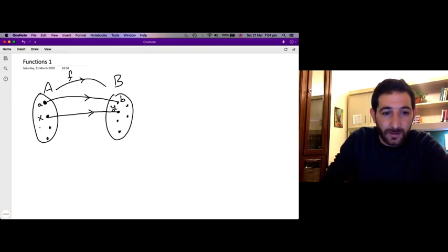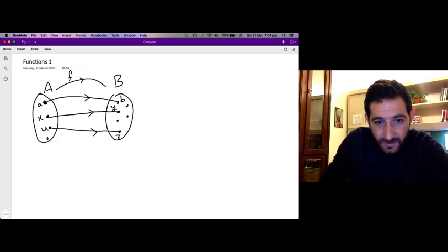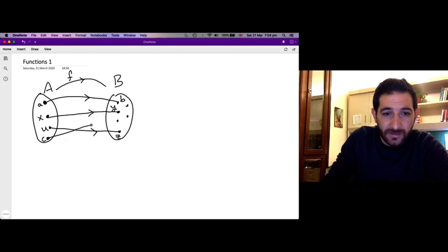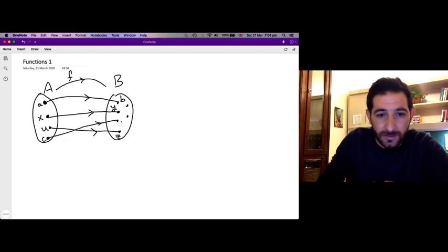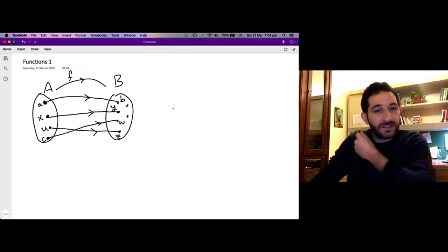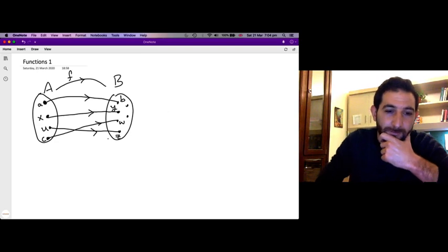Now here is another element u, and f assigns to it an element, let's call it z, and here we have another element, say c, and f must assign some element to it in B, let's call it w. Okay, so this is the general picture of a function.